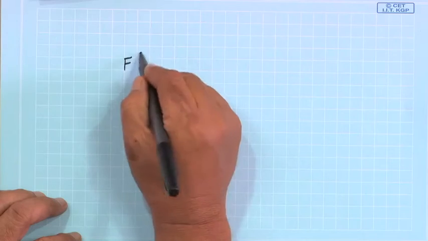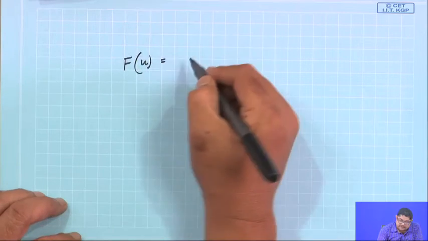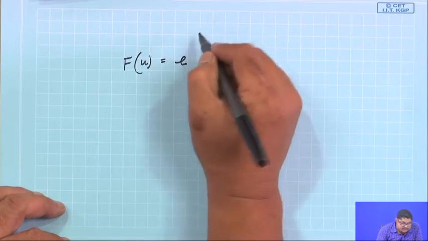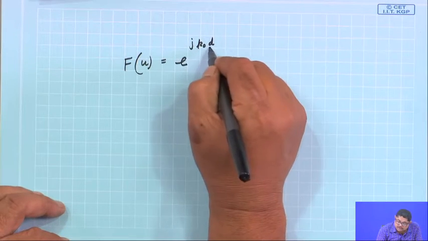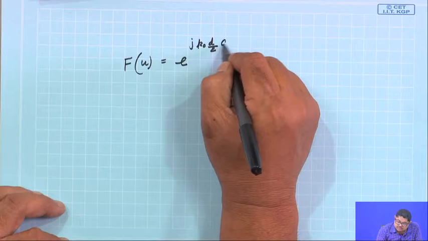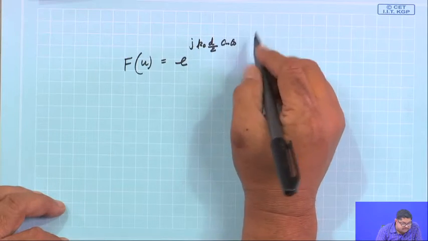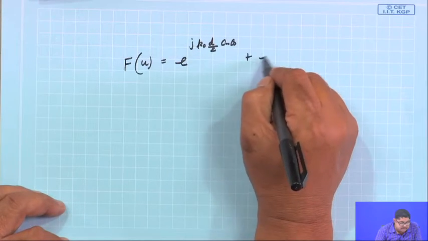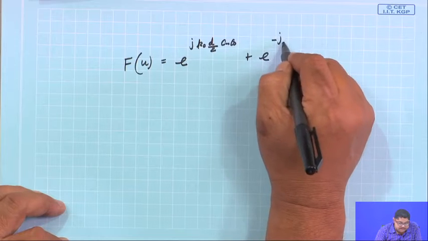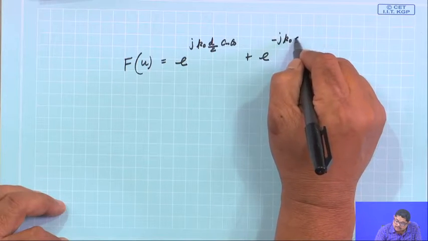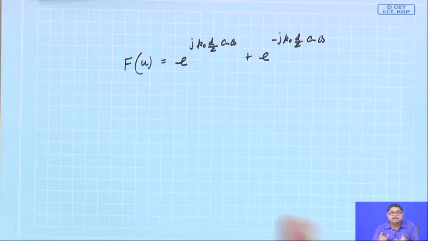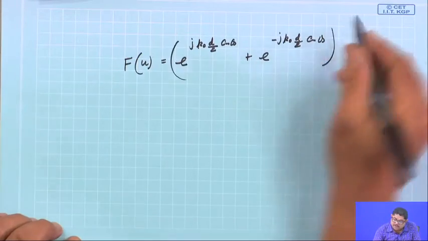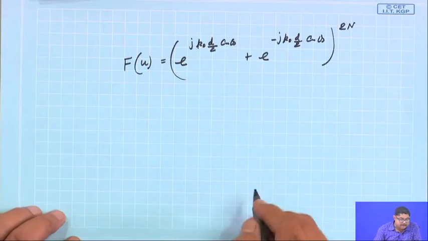Now, another approach is, let us write the array factor as e to the power j k naught d by 2 cos theta plus e to the power minus j k naught d by 2 cos theta, because we have those two symmetrical, to the power n.